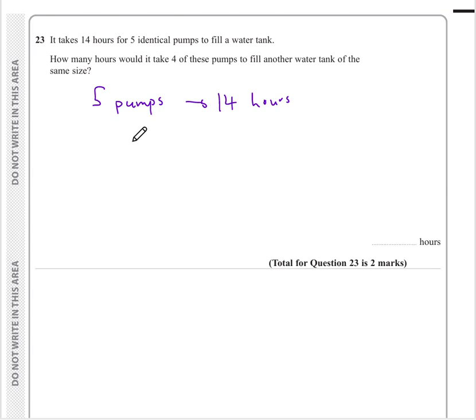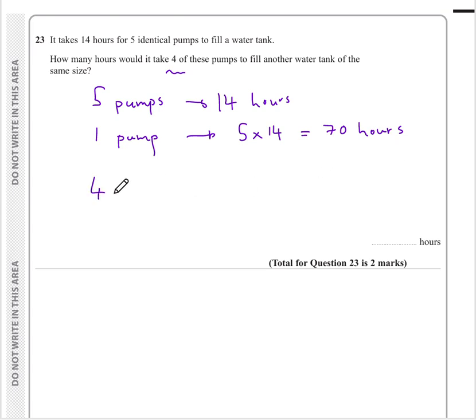If we've got 5 pumps pumping water in, having 4 of these pumps is going to take longer. The way we would do this is to work out how long one pump would take. If one pump's working on its own, it's going to take 5 times longer, so 5 times 14 hours. That's 70 hours for a single pump to fill the water tank.